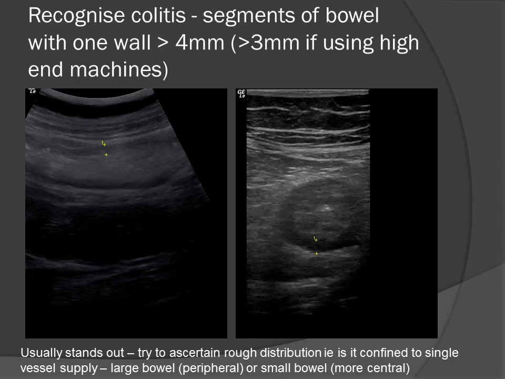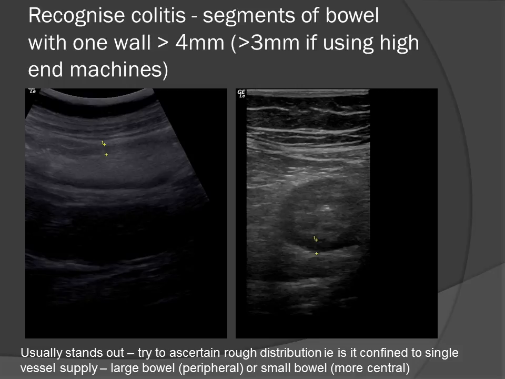You may also find colitis. It's very important to recognize surrounding inflammation. Look for segments of bowel with one wall greater than 4 millimeters. At least this is the measurement I use on the bedside machines. With the high-end machines, you could perhaps use greater than 3 millimeters.